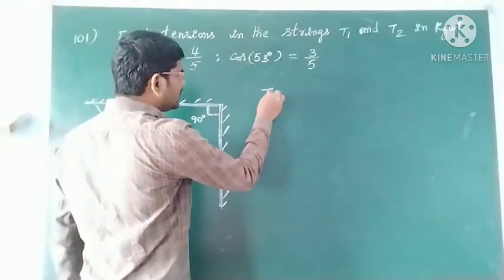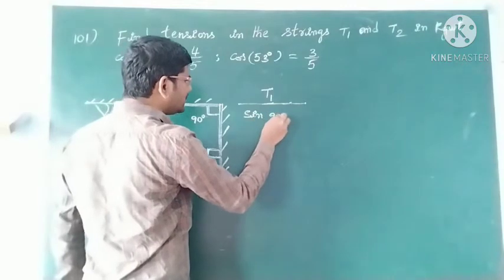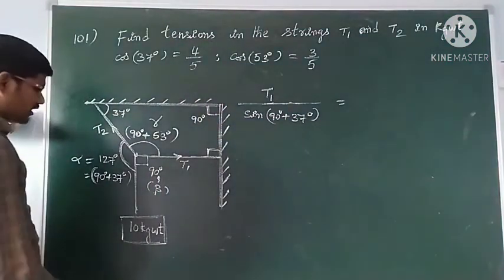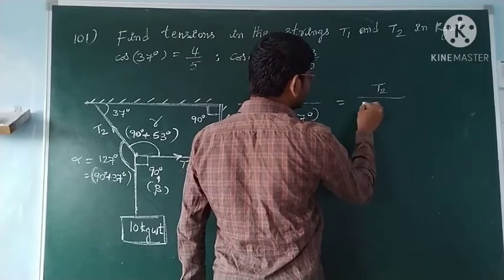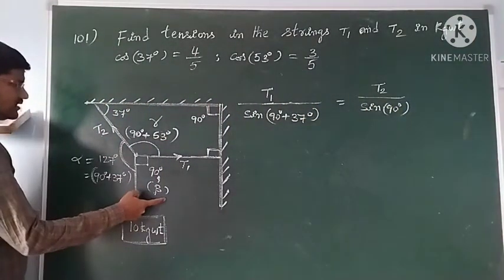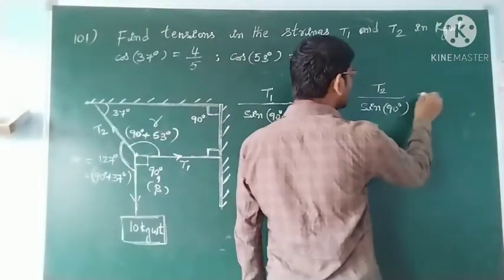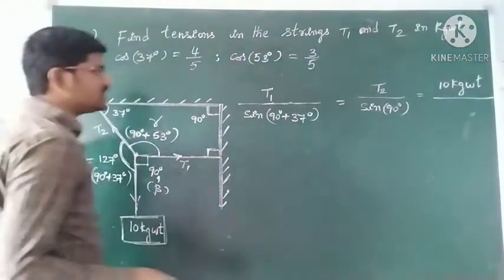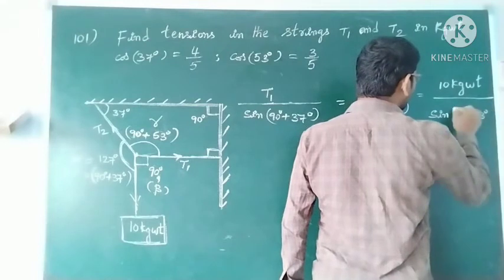Then I'll write T1 by sine of 90 plus 37 degrees is equal to T2 by sine 90 degrees, and the next one is the other force, the 10 kilogram weight, by the sine of its opposite angle, sine of 90 plus 53 degrees.